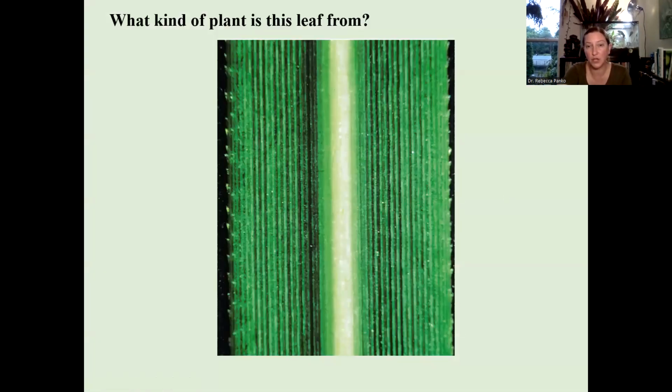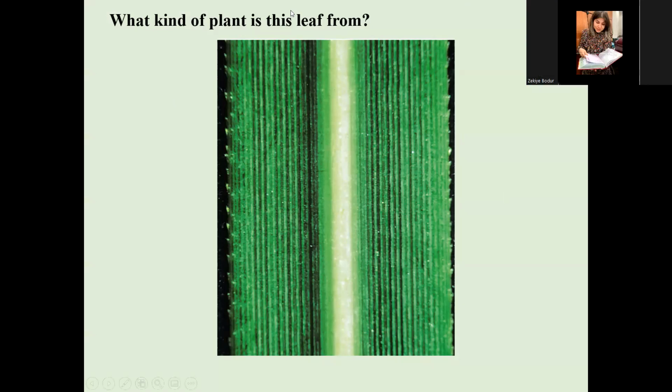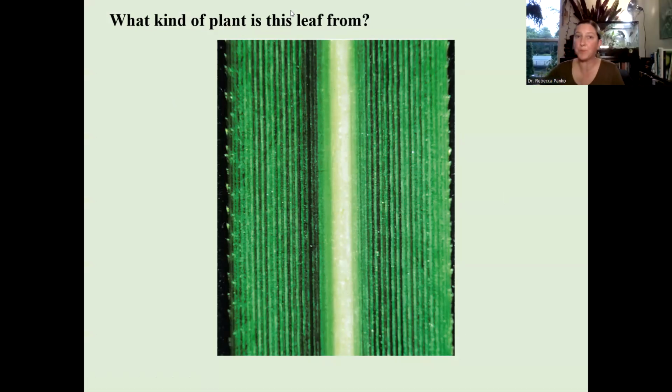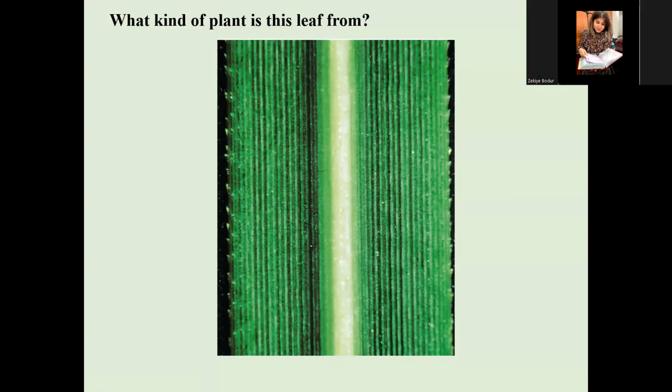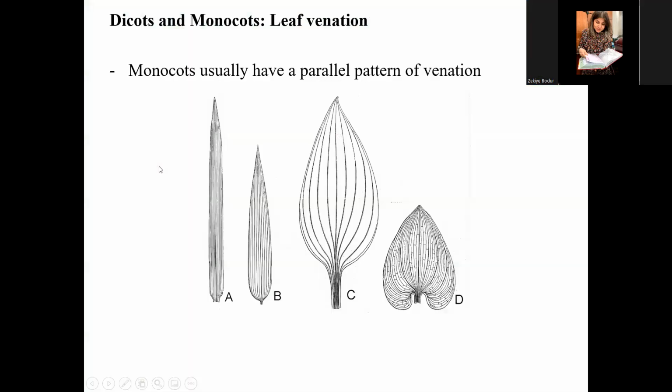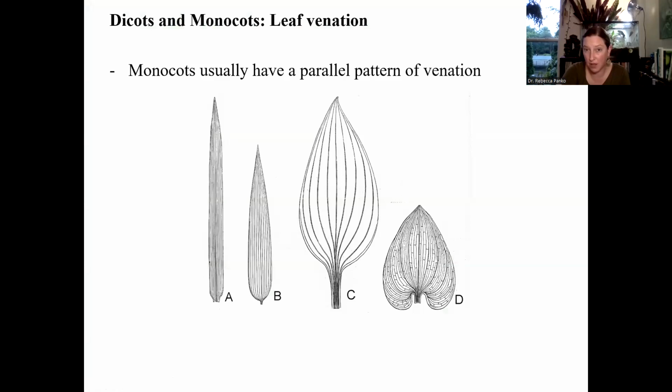Here is a picture of a leaf. Is this leaf from a dicot or a monocot? Dicot. Why do you say dicot? Because it's parallel. Right, well, monocots usually have parallel venation.